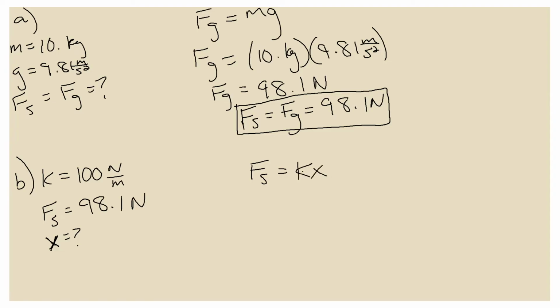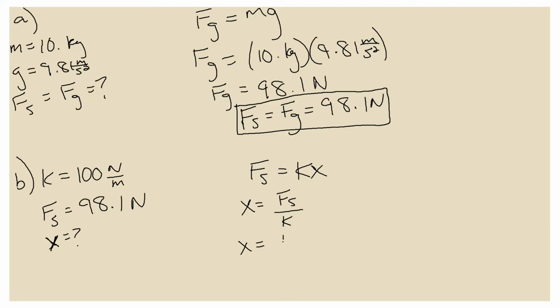That equation, Hooke's law, or the spring force equation, you can refer to it both ways, it's fine, is Fs, the force on the spring, is equal to the product of k, the spring constant, and x, the distance the spring is stretched from the equilibrium position. To solve this for x, all you have to do is divide both sides of this equation by k. So we get Fs divided by k. To solve this, all we have to do is plug in those numbers.